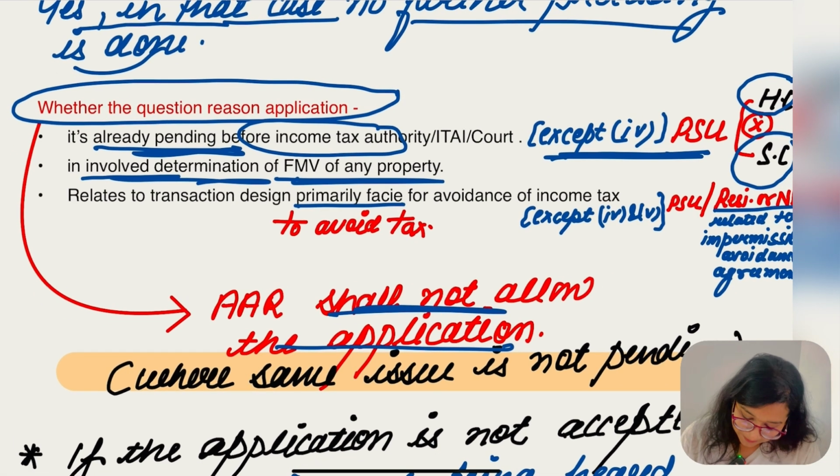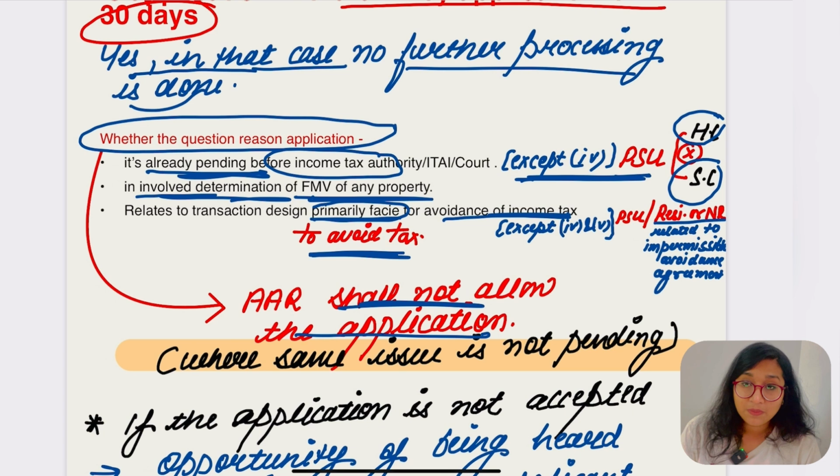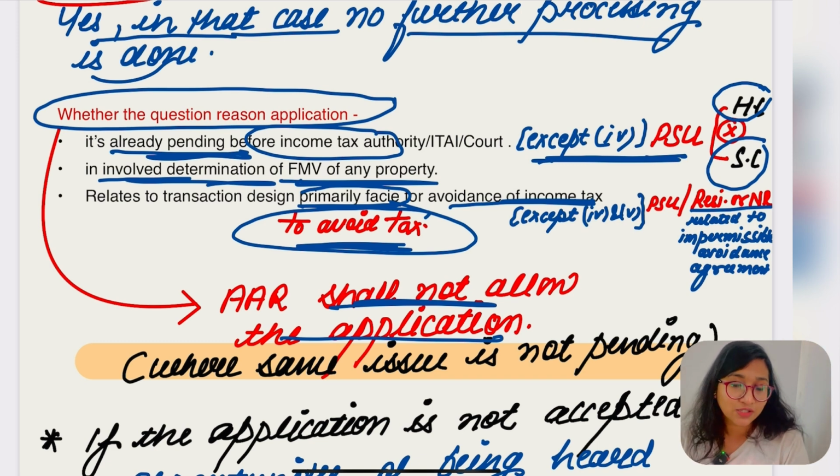The third point relates to a transaction designed prima facie for avoidance of income tax. Now what is this? To avoid tax. If any transaction is related to avoiding income tax, and a person among those 5 categories is appealing for the advance ruling, in that case they cannot appeal for advance ruling.